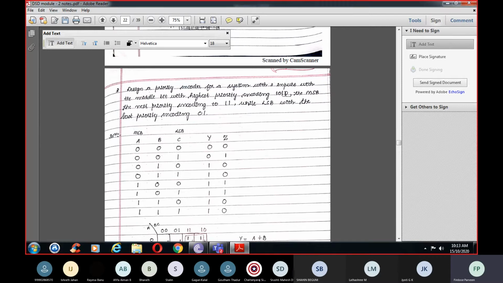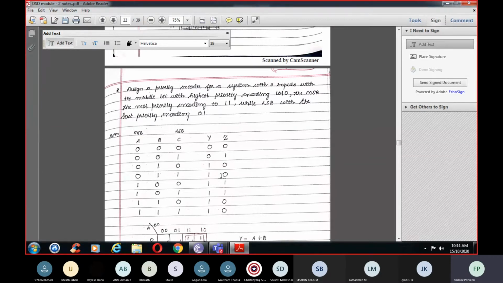1, 0 means you are having 2 outputs. The middle bit means B. B is given the highest priority. So whenever B is 1, the output should be 1, 0. So there are 4 rows where B is 1, and the corresponding output should be encoded to what they have told, which is 1, 0.